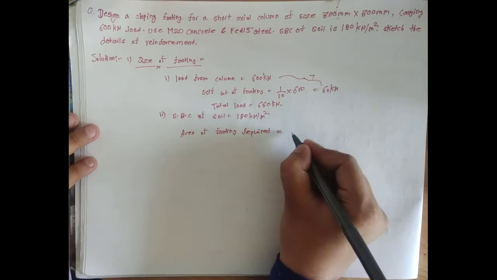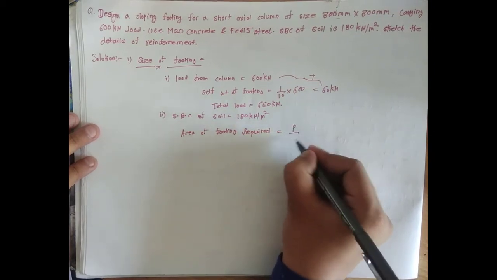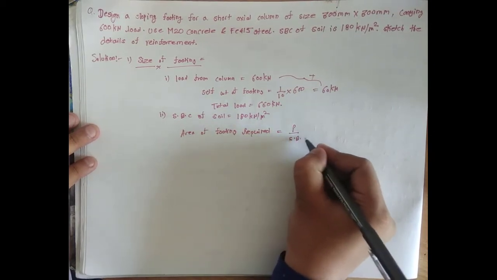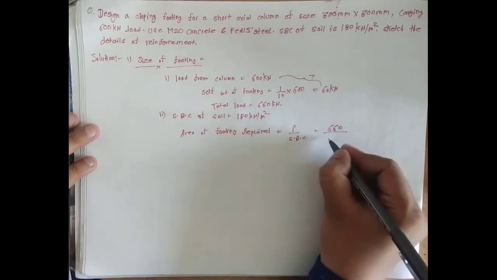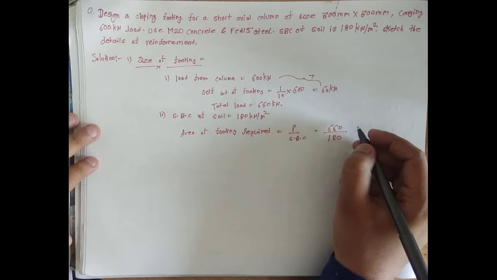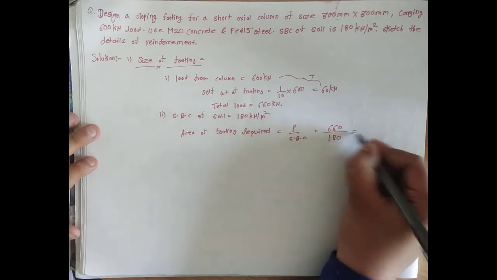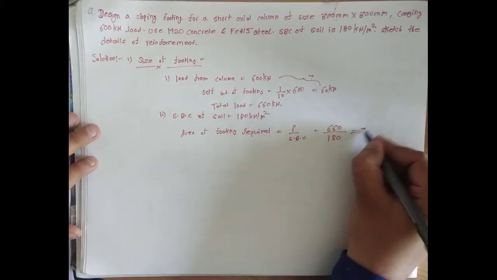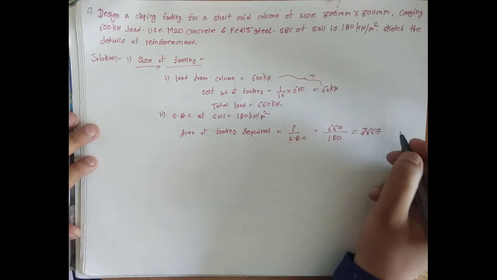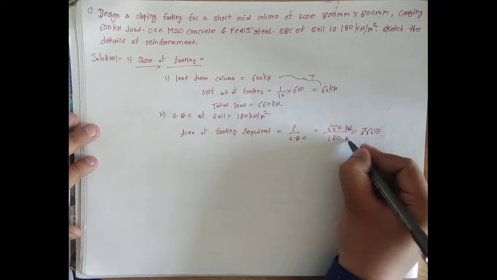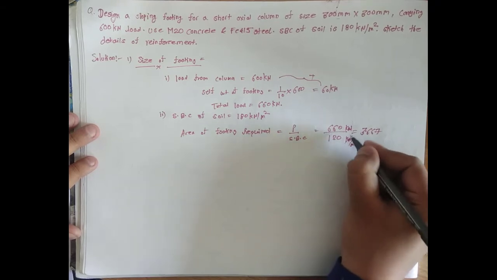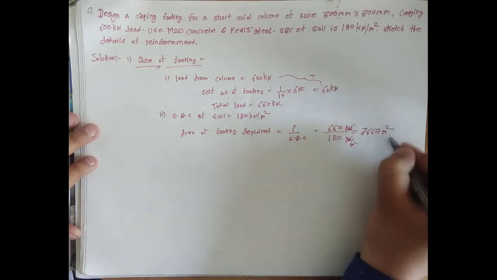Once we have load and SBC, we calculate the area of footing required, which equals P by SBC. What is the value of P? Total load 660 upon SBC 180. It comes out to be 3.667. The units are kilonewton and kilonewton per meter square, which cancel, leaving meter square in the numerator.